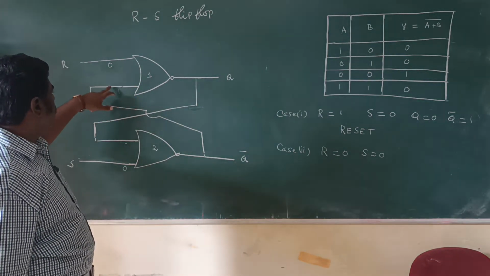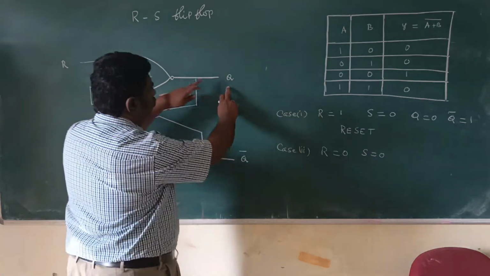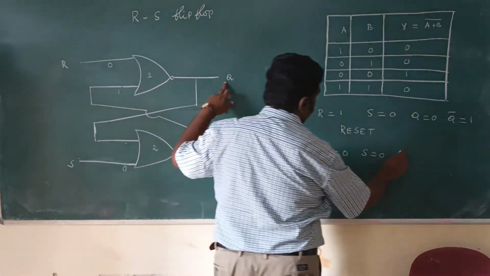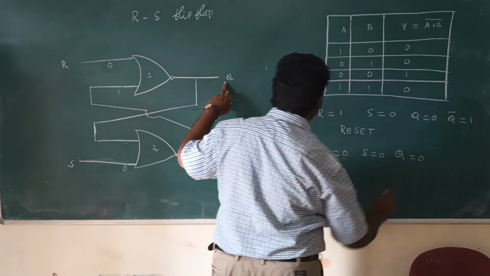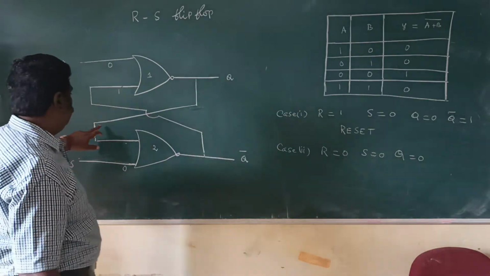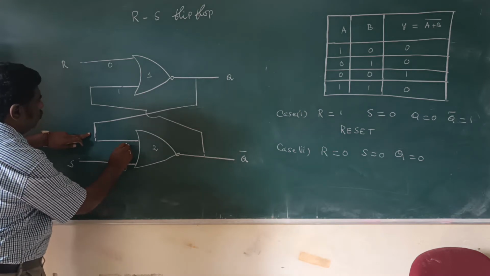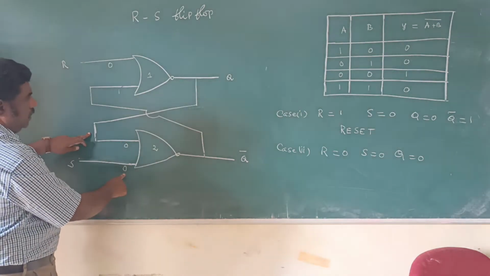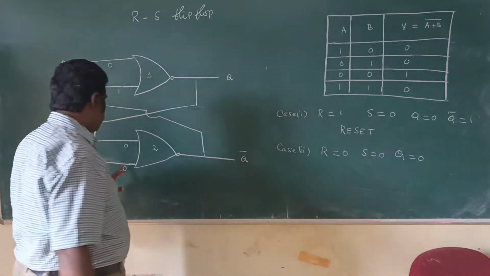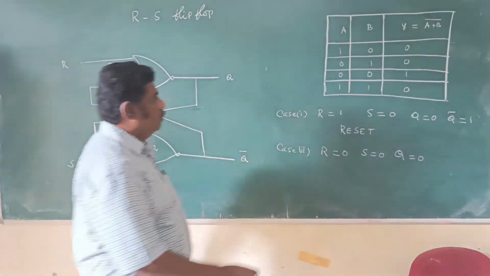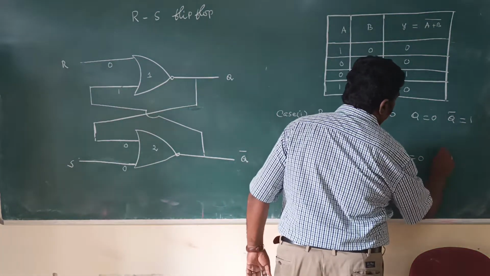If any one of the inputs is high, the output is low. The value of Q is equal to low, that means Q equal to 0. Then this Q is fed to the second NOR gate as an input. Here the value of Q is 0, and already the value of S is 0. 0 plus 0 is 0, 0 bar is 1. So Q bar is equal to 1.